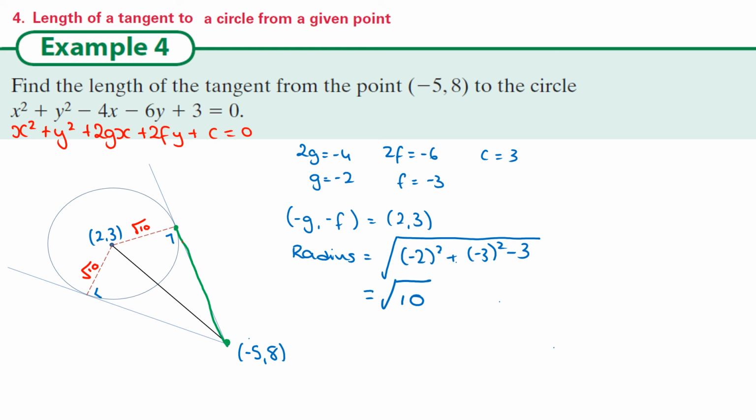So if we were talking about Pythagoras, and I'll change colour, this would be the hypotenuse, so C, and that's A and that's B. So Pythagoras would be C squared equals A squared plus B squared. Now the only issue is I don't know C either. However, we can work that out quite easily because I have 2 points. So we're trying to find the length of C, so the distance between 2, 3 and minus 5, 8.